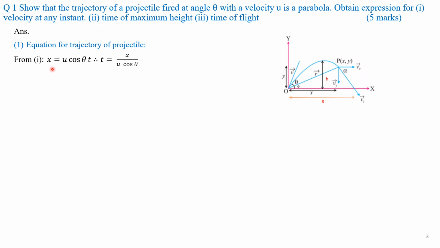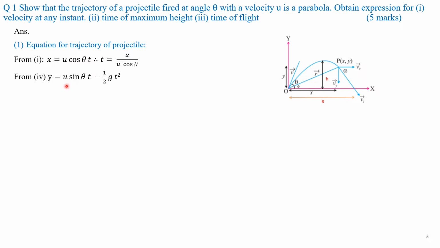So equation for a trajectory of a projectile. We know from previous slide x is equal to u cos theta t. That is, the distance along the x-axis is given by u cos theta, where u is the initial velocity and theta is the angle at which it is fired, into t. Therefore, rearranging, t is equal to x divided by u cos theta.